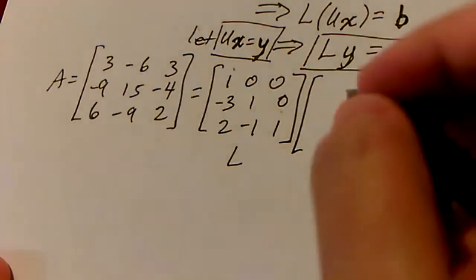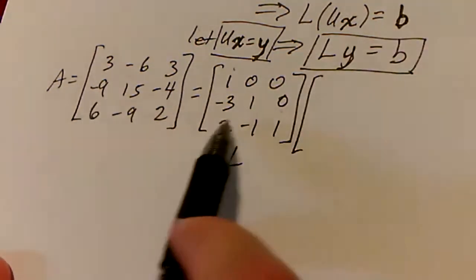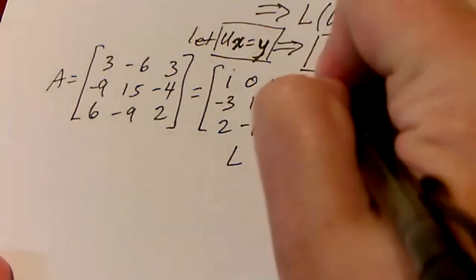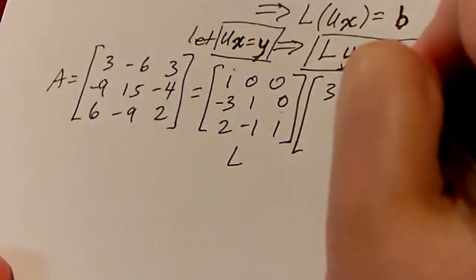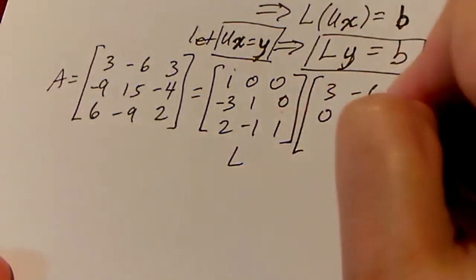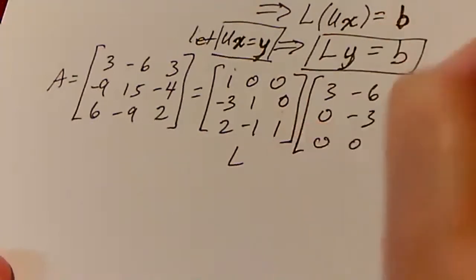Now I'm going to have my matrix U. Since I have 3 by 3 here and 3 by 3 here, my matrix U is also going to be square. It's going to be 3, -6, 3, 0, -3, 5, and then 0, 0, 1.